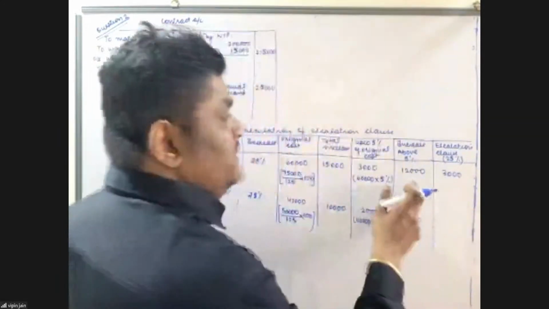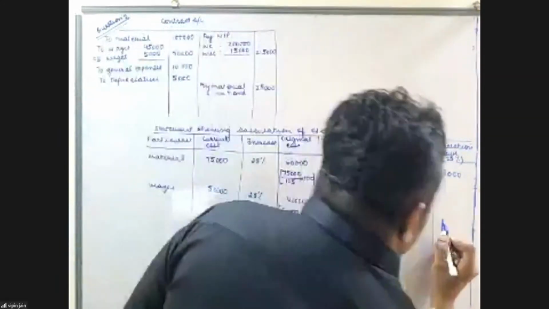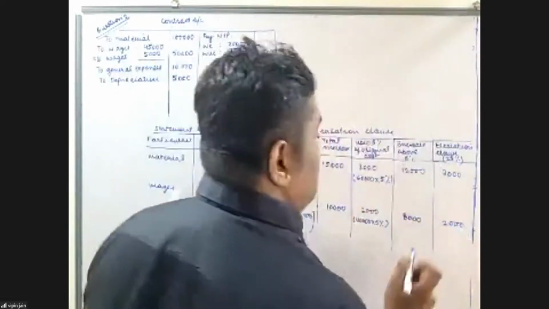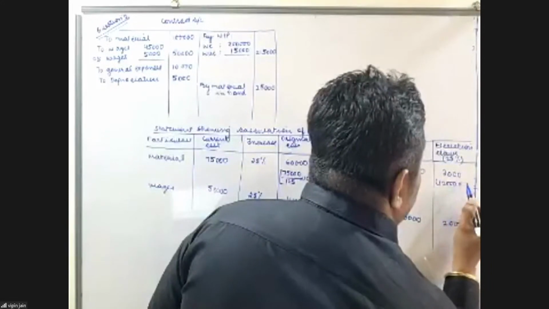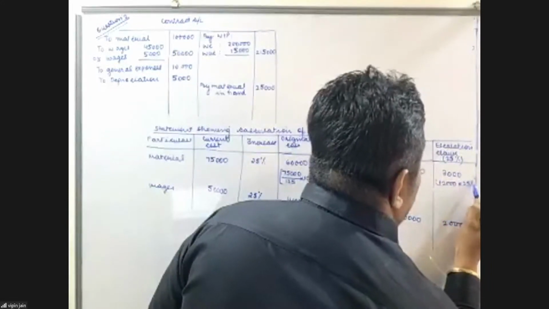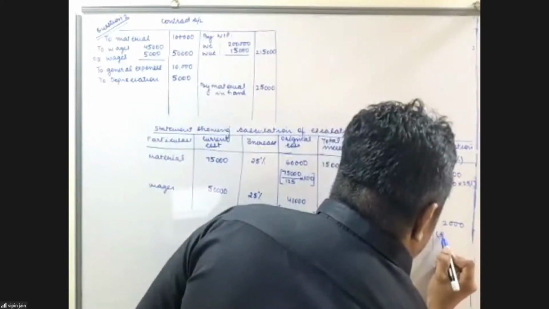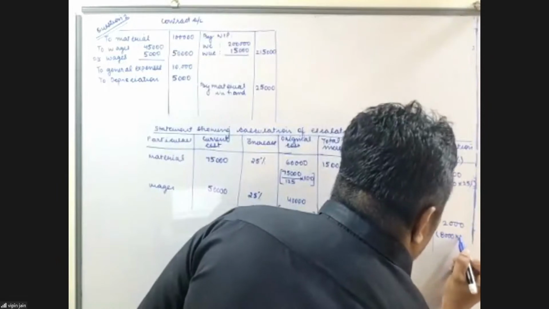This will be 3,000 and this will be 2,000. That is 12,000 into 25% and 8,000 into 25%.